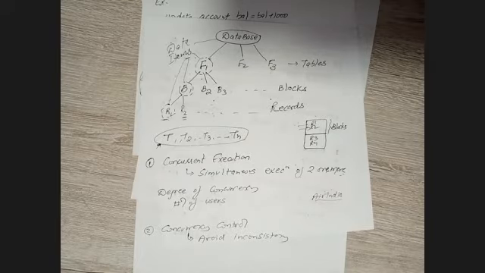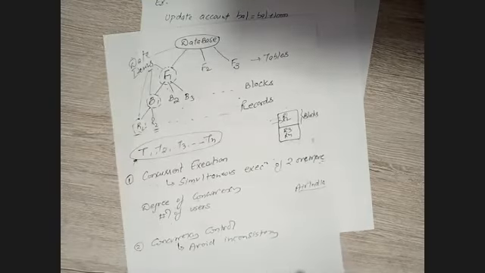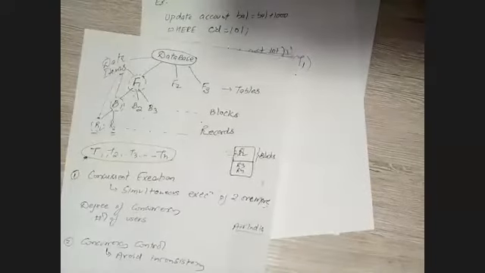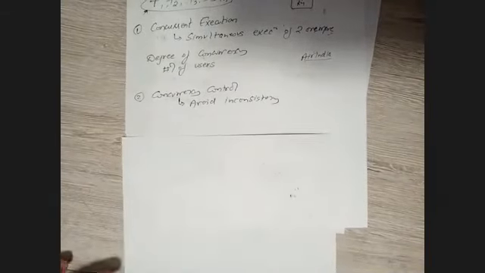Now, at least right now you have understood what a transaction actually is: a set of instructions that we are performing over the database, and we are doing some logical work, right? Now let's see, for any transaction, this transaction should follow some rules.